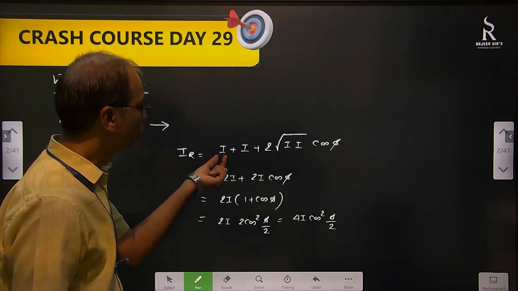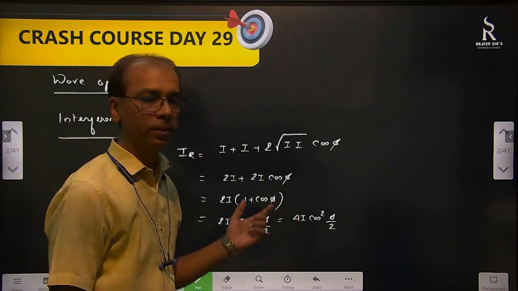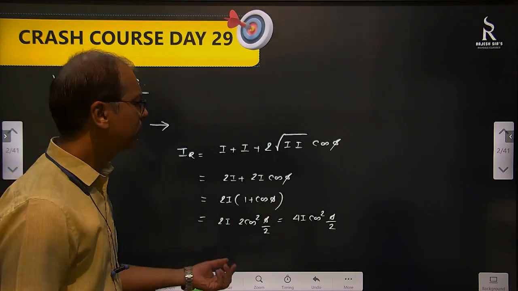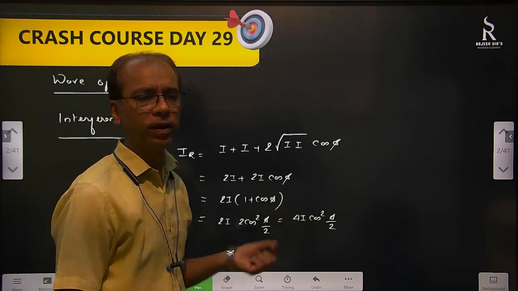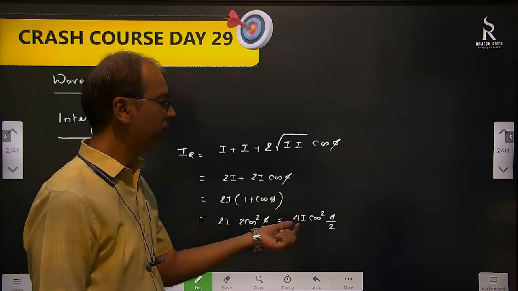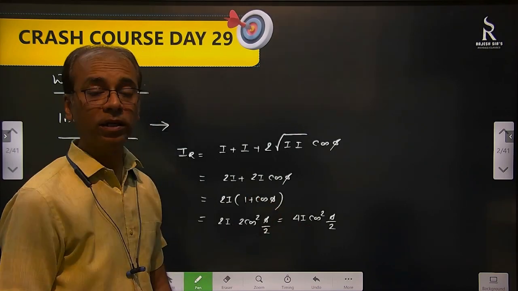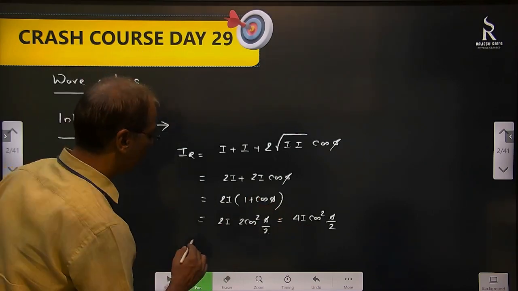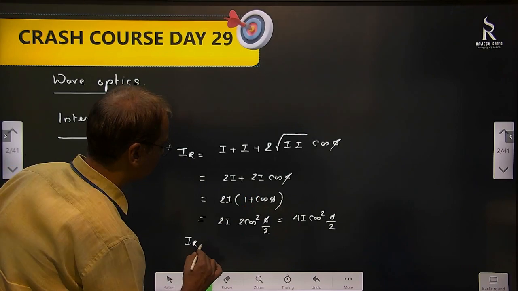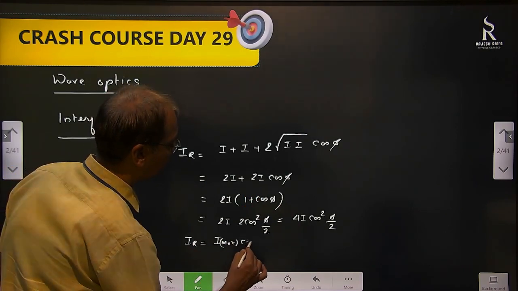When two sources have intensity I, their maximum intensity is 4I. For maximum intensity, what should the phi value be? 0. If you put 0 here, the resultant intensity is 4I, which is the maximum intensity. So this value we can write as I max into cos square phi by 2.